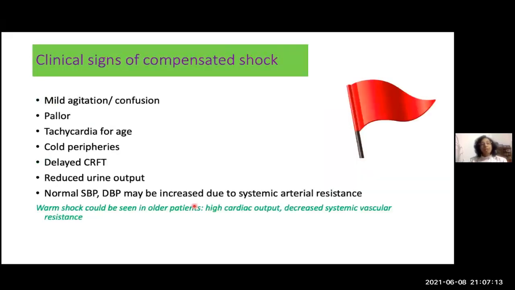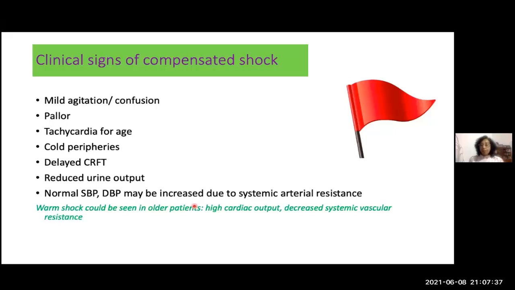So what are the clinical signs of compensated shock? If a child is agitated or confused, that indicates there may be cerebral hypoxia. Presence of pallor, tachycardia, cold peripheries, and delayed capillary refill time all indicate impending circulatory failure.